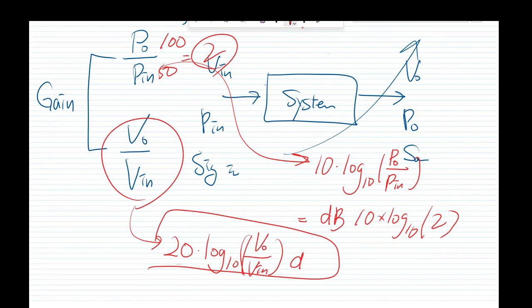The raw ratio is also the gain, just the integer value. You understand? Any questions so far?